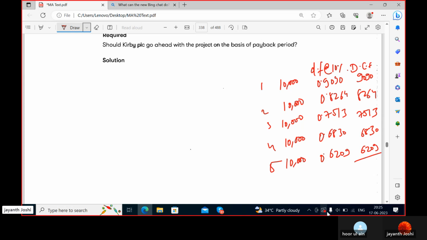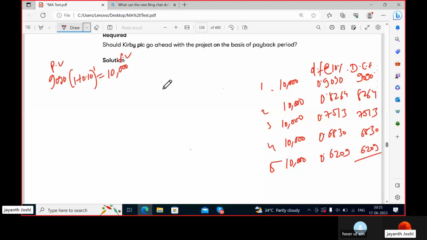You know, 10,000 is at the end of the first year, and at the beginning of the year, the value of this. So that means if you invest 9090 at the rate of 10%, it will become 10,000 at the end of the year. Correct? That means if you compound this 9090 into 1 plus 0.10 whole power 1, it will give you 10,000. This is the present value. This is the future value.